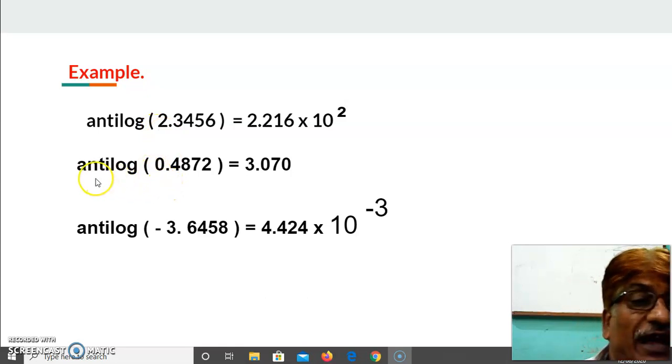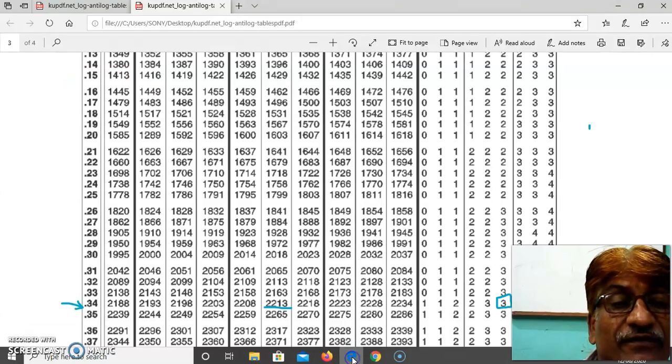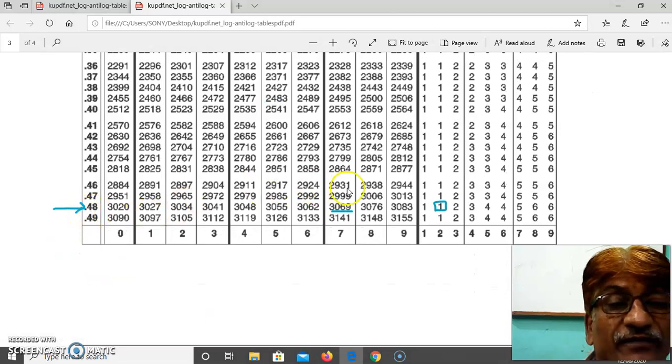Second example, antilog. We want to find antilog of 0.4872. After the decimal point 48, the 2 digits are there, 7 is the third digit and 2 is in mean difference. So we are seeing 48 in 7, that is 3069, and 2 is in mean difference. So this 1 is added, that is 3070.